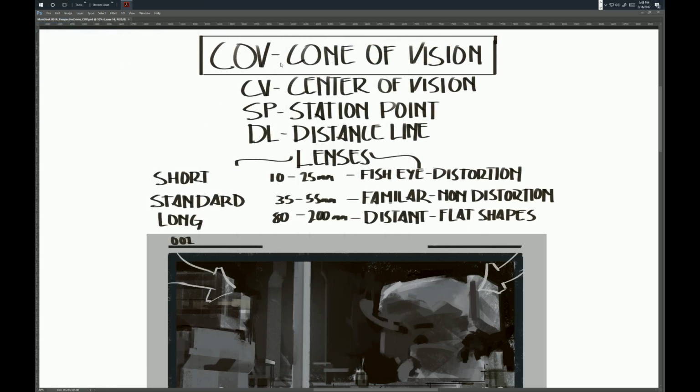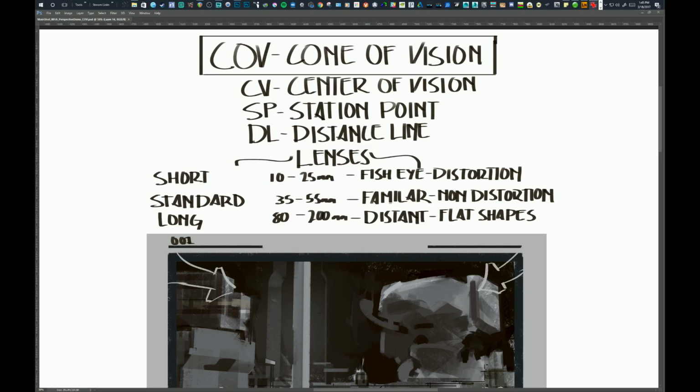All right, so we discussed cone of vision. We discussed the 3 elements that you need in order to calculate a cone of vision. And those things need to stay the same if we're going to continue with our perspective construct. They need to always be the same for that image. If they change, then everything changes.